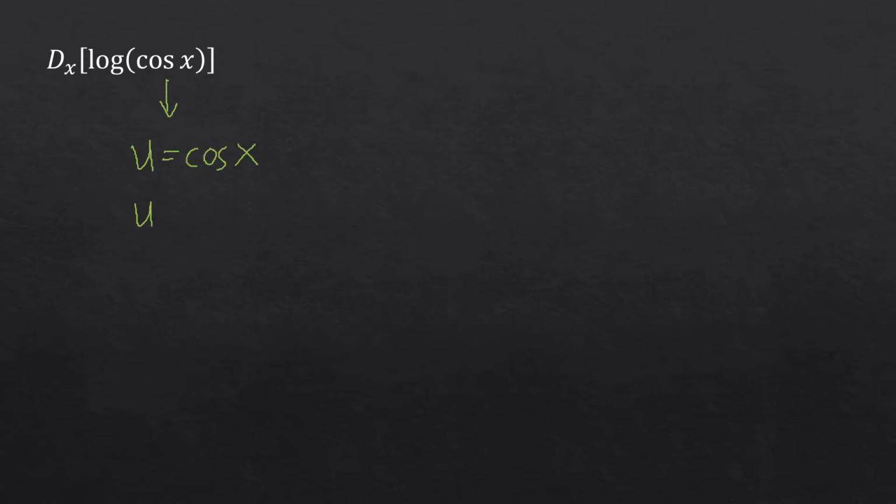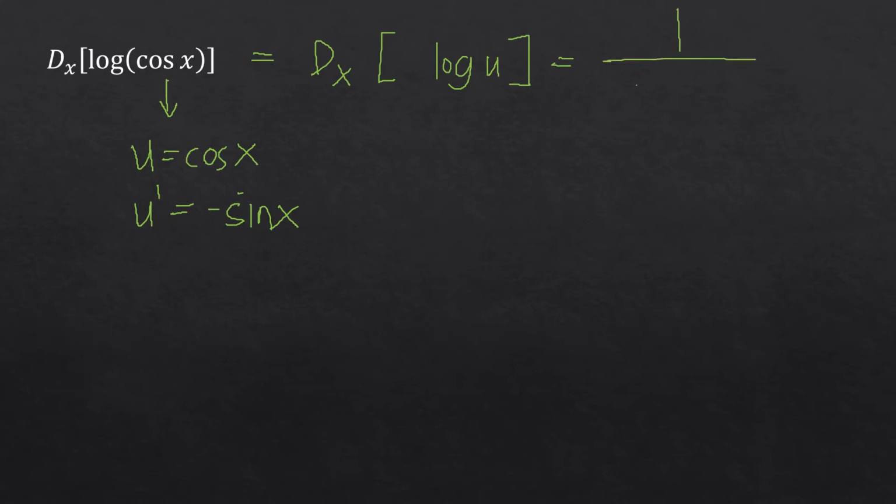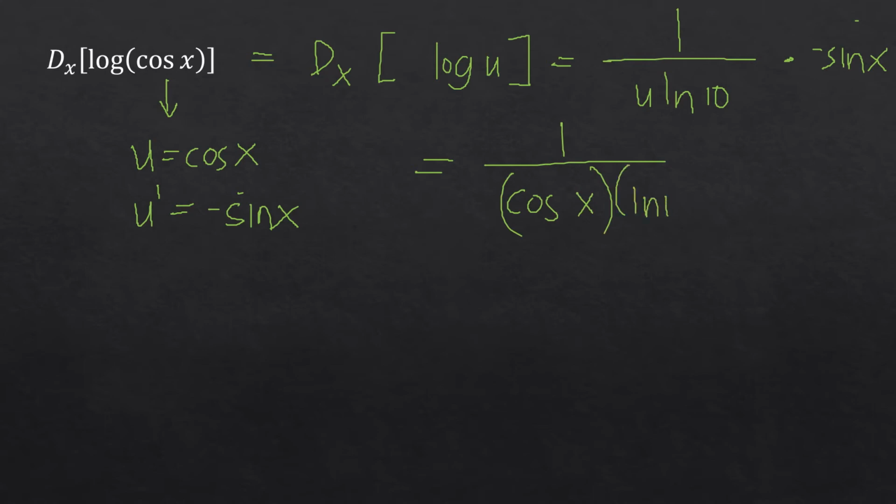The derivative of this, u prime, is negative sine x. Changing cosine x into u, so we have the derivative of logarithm of u is equal to 1 over u ln of 10. This one is a common logarithm. Multiply that to the derivative of u, which is negative sine x. Ngayon, palitan ng u ng cosine x, so we have 1 over cosine x times ln of 10 times negative sine x.